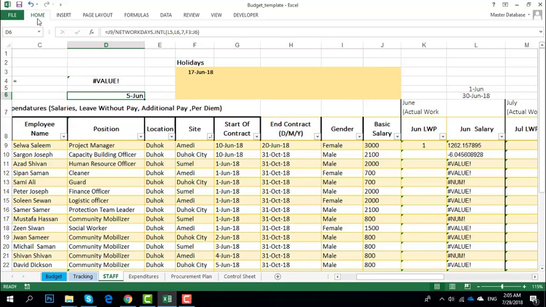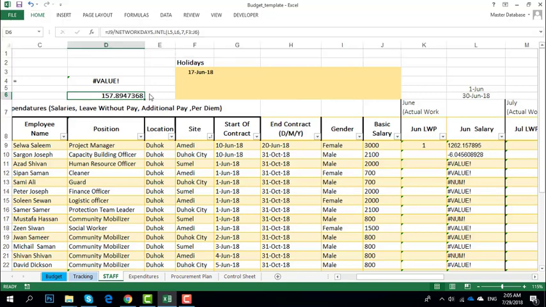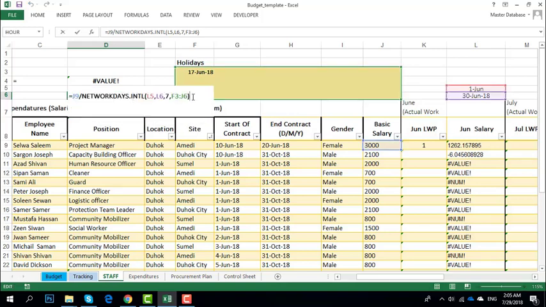It takes this formula. So we have actuals, then actuals will be multiplied by the leave without pay. Let's try it on this one. Multiply by K9.